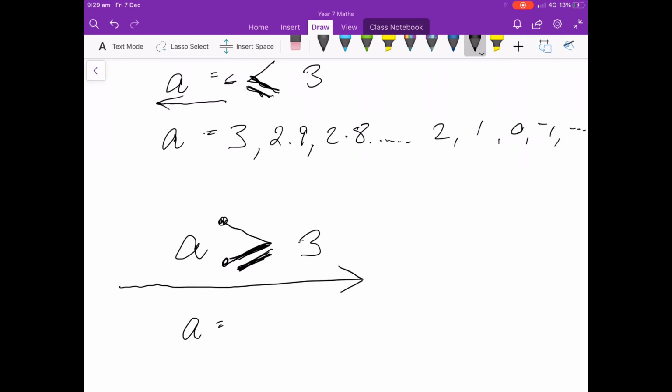So therefore A could be 3 and then anything to the right of 3, 3.1, 3.2, and as I did before, it could go up to 4, 7 and whatever. It just keeps going on. Anything greater than the number 3. Okay, so you can go back to your OneNote page and try a few of those.